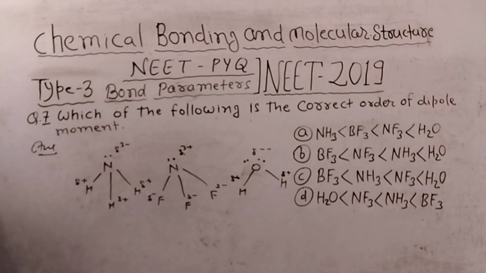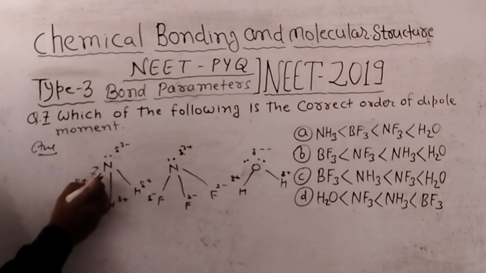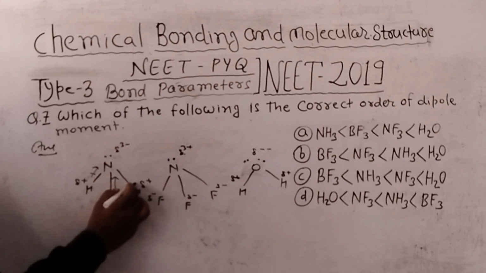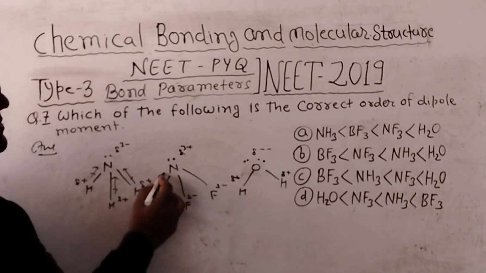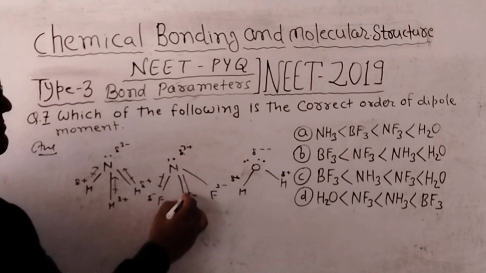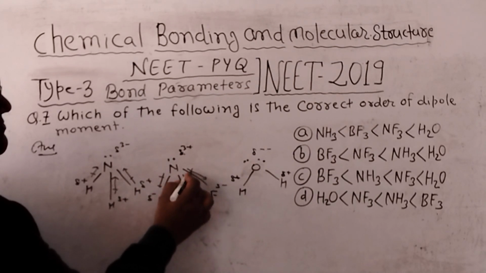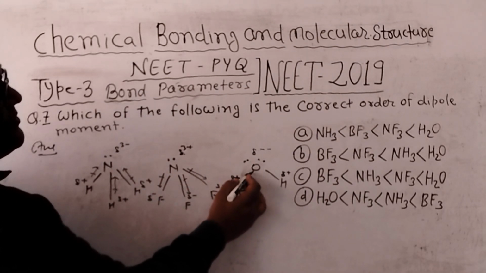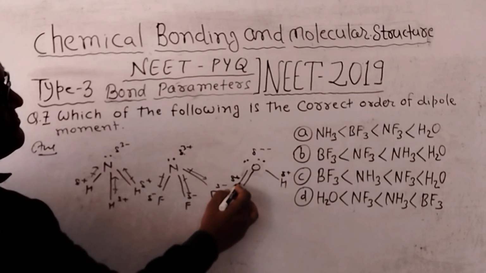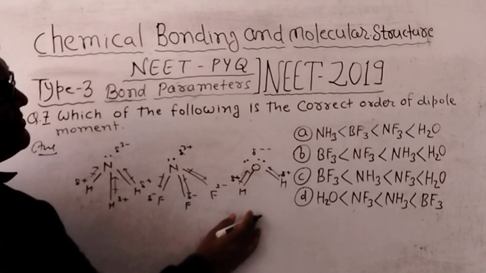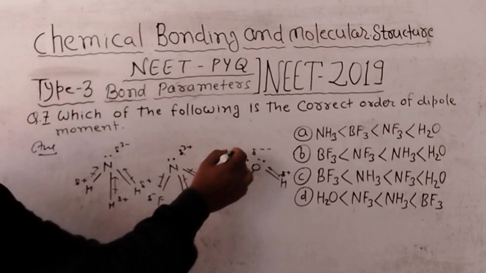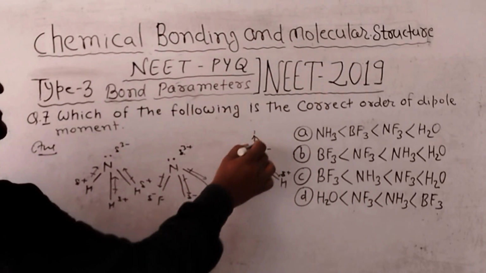So the direction of dipole is positive to negative in each bond. Now the direction of dipole is in this direction.